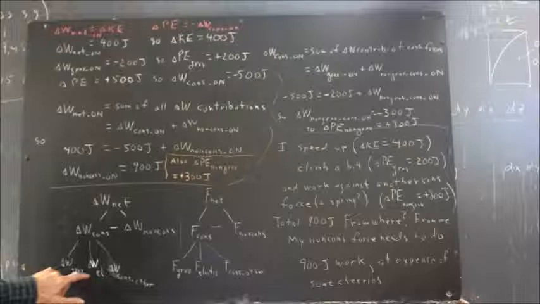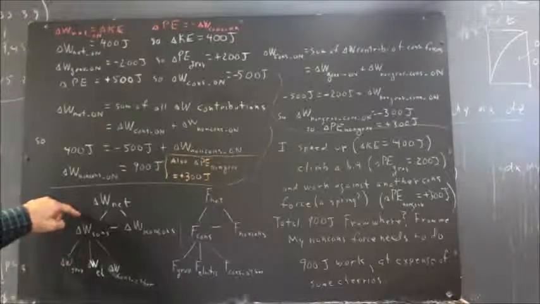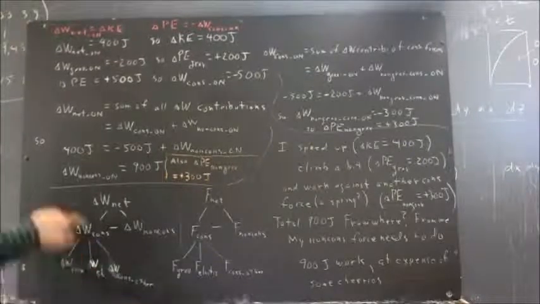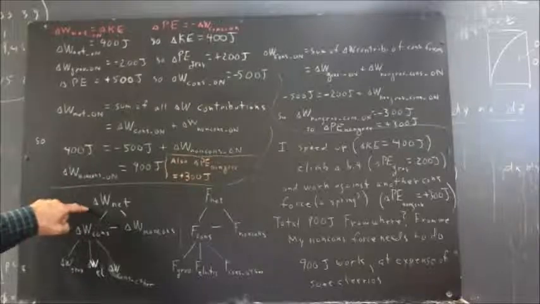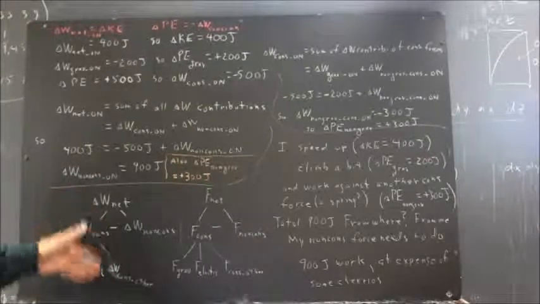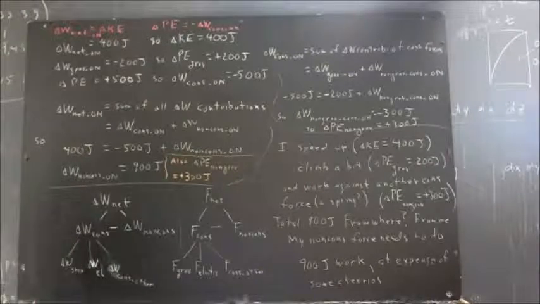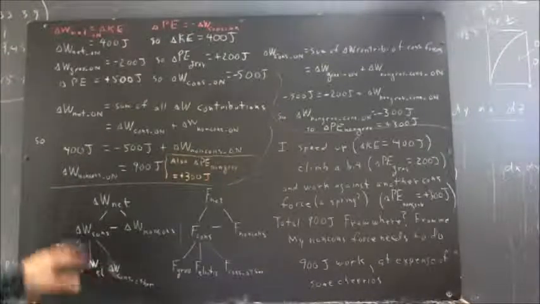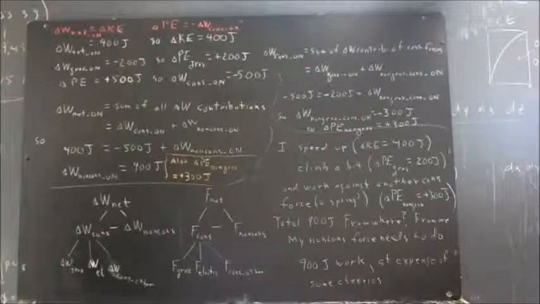So if we know these two, it's not enough to get this one. We'd have to know all three of these to get this, or if we know this and any two of these, we can get the third. This is not a triangle. It's not quite as simple as a triad, but we should be able to understand what this picture is telling us.